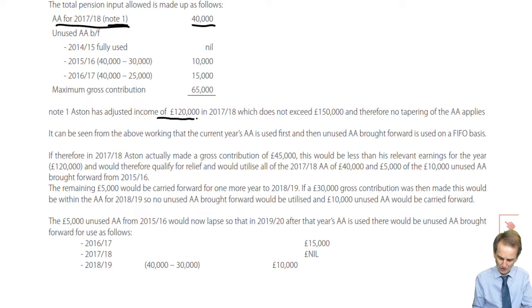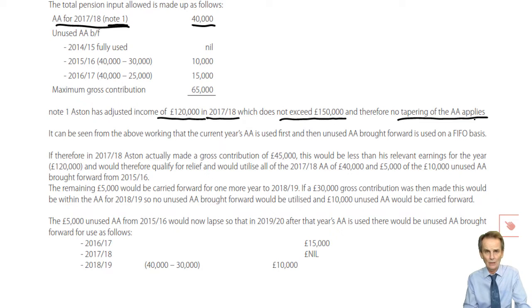Aston's got an adjusted income of £120,000 in 1718. That clearly does not exceed the £150,000, therefore we see no tapering of that annual allowance. Only if we go above 150 do we start to see the reduction, whereby if we go above 210,000, then we reduce it down to the minimum it could be, £10,000 for the year. But more of that in the next problem.